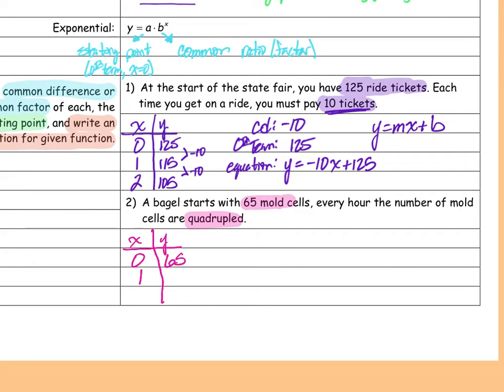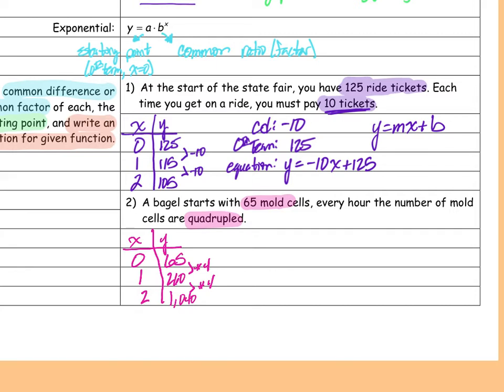Who knows what quadrupled means? What does it mean to be quadrupled? Mathematically, times 4. That is correct. So I'm multiplying by 4. After an hour, there are 260 mold cells. After 2 hours, there are 1,040 mold cells.